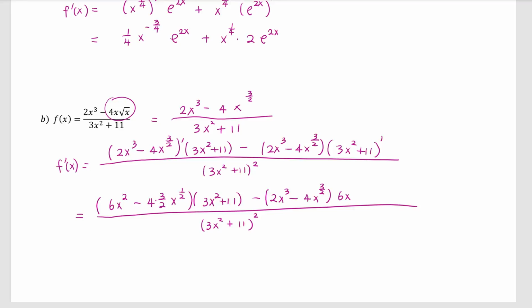Oh, and you can see, probably you can simplify a little bit. This guy is actually 6, right? 4 and 2 cancel, 2 times 3 is 6. And you don't need to multiply all the terms out. You can just leave it like that. Okay, everybody? So you don't need to simplify it.